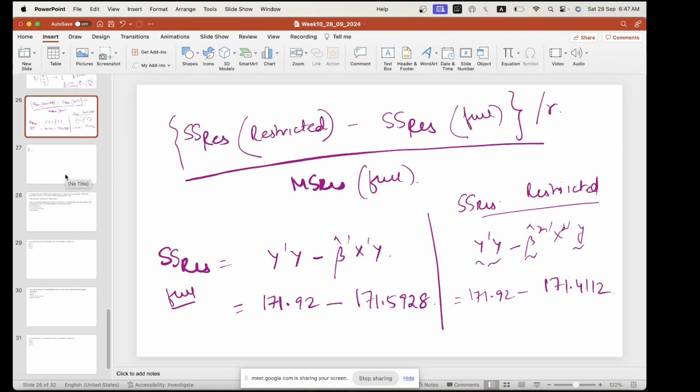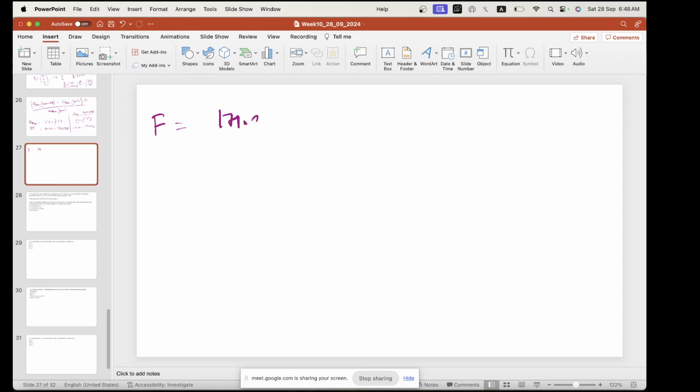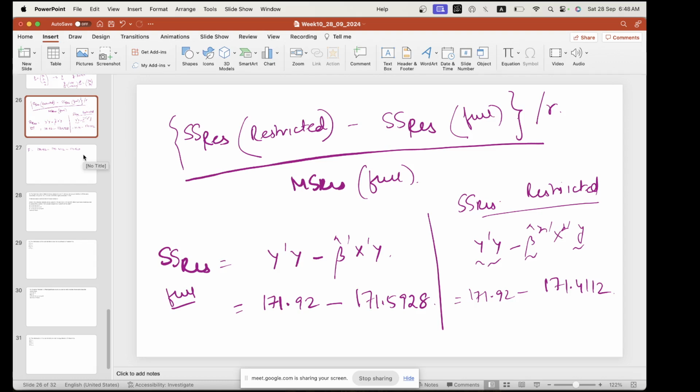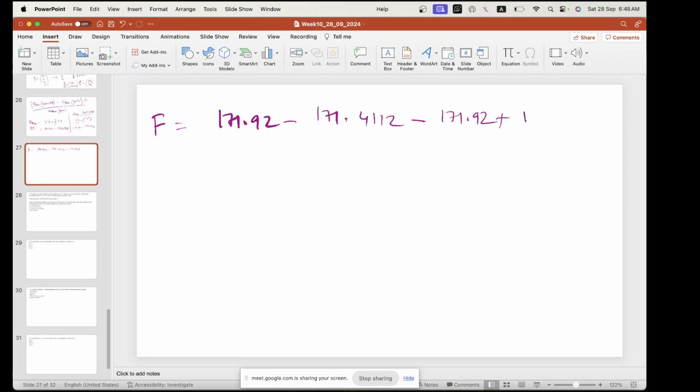So this would be 171.92 minus 171.4112 minus 171.92 plus 171.5928, divided by number of parameters we are setting to 0, which is 2, and by MS residual.